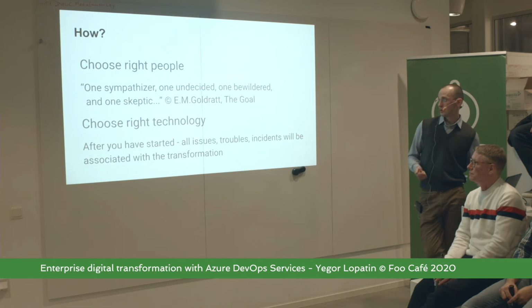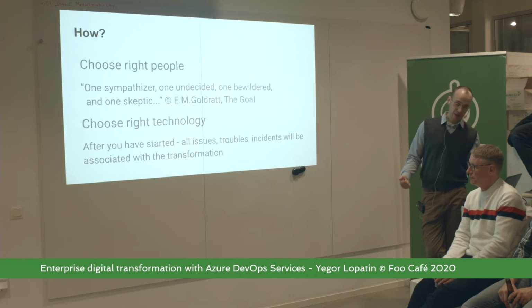So we found one application manager who was not skeptic and not bewildered. He was somewhere between undecided and sympathizer. And his application, by business requirements, allowed us a lot of downtime.